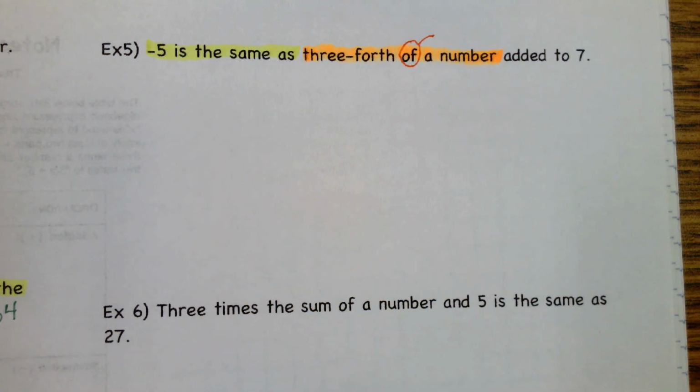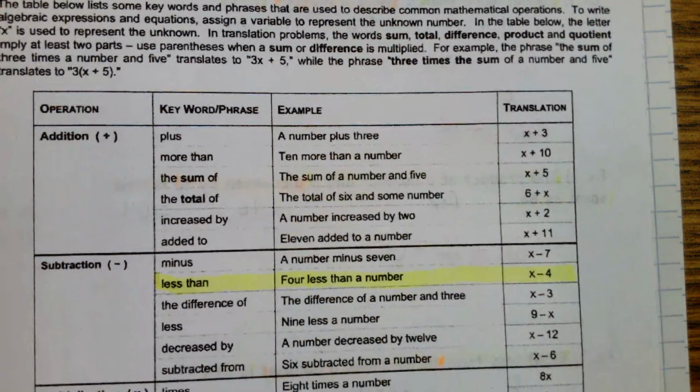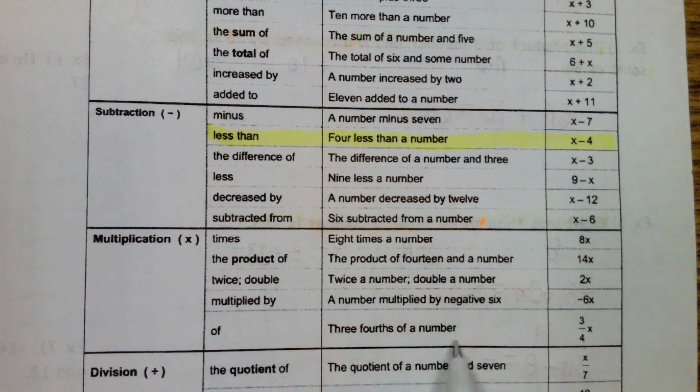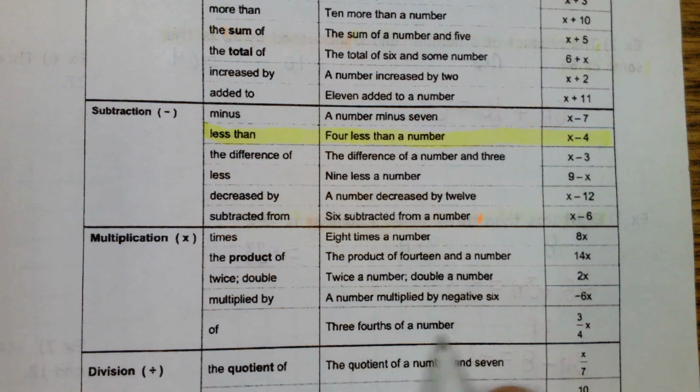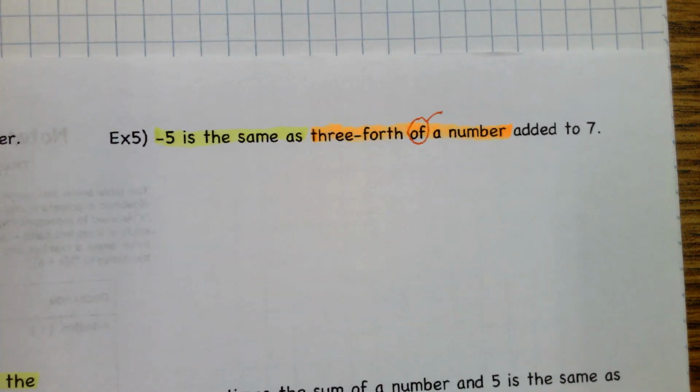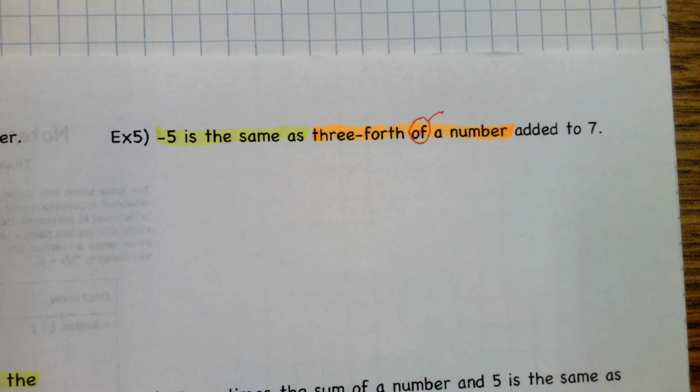When we hear of, let's find it out over here. Where do we see of? Right there for multiplication. 3/4 of a number. Oh, look at that. It's almost identical. 3/4 times x. So this is telling us that we're going to multiply that fraction with x, and then finally add it to 7.